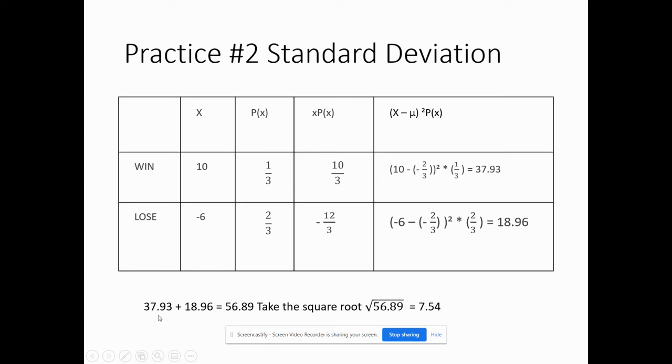So if I add 37.93 plus 18.96 together, I get 56.89. And then if I take the square root, I get 7.54. So for this experiment, my mean is negative 2 over 3, or negative 0.67, and my standard deviation is 7.54.